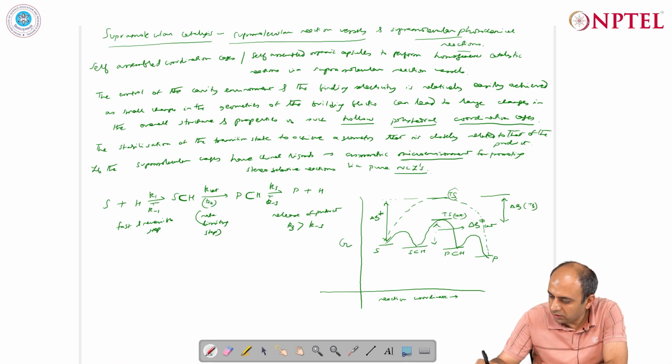So, the transition state for the uncatalyzed reaction, the transition state for the catalyzed reaction is here, and this gives us the delta G transition state.